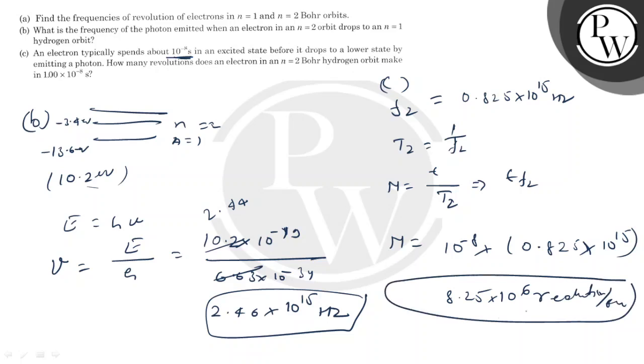This is the answer of the C part, and earlier we had the answer of the A part and the answer of the B part. Okay, so best of luck.